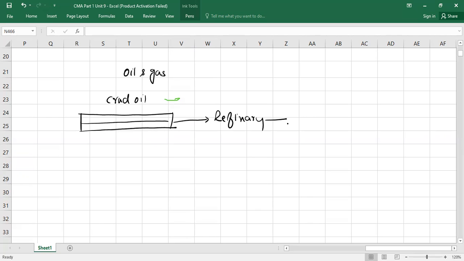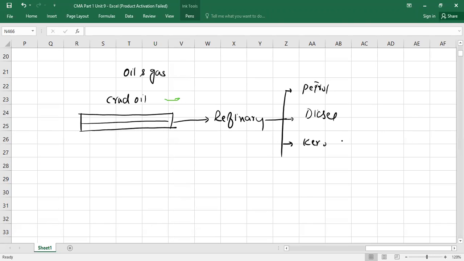After the refining process, you are able to divide this crude oil, or manufacture further products from the crude oil. For example, maybe you are getting petrol, diesel, kerosene, gasoline, asphalt, different products.